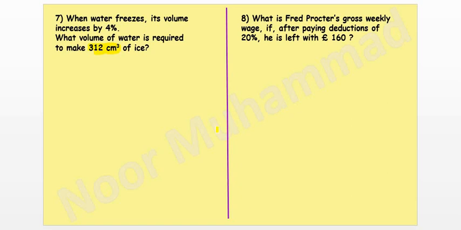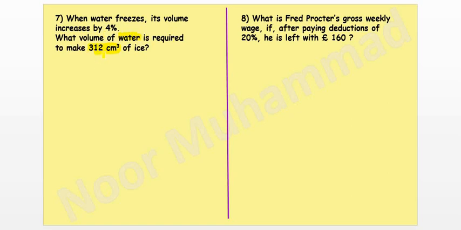Ice is the final value, or you can say it's the final item. But what was in the beginning? In the beginning it was water, right? Ice is the final value, water is the original value. So they want us to know how much water, volume of the water is required to make this final.